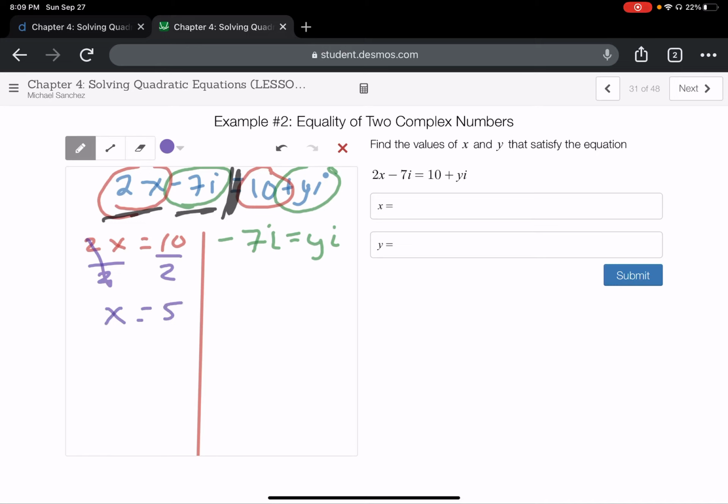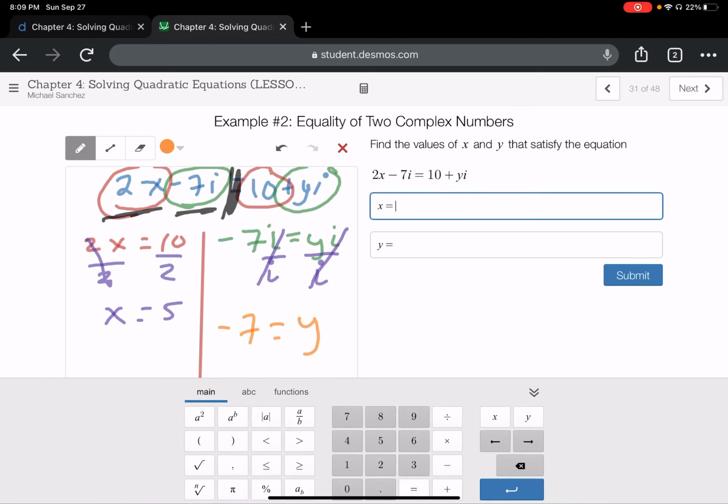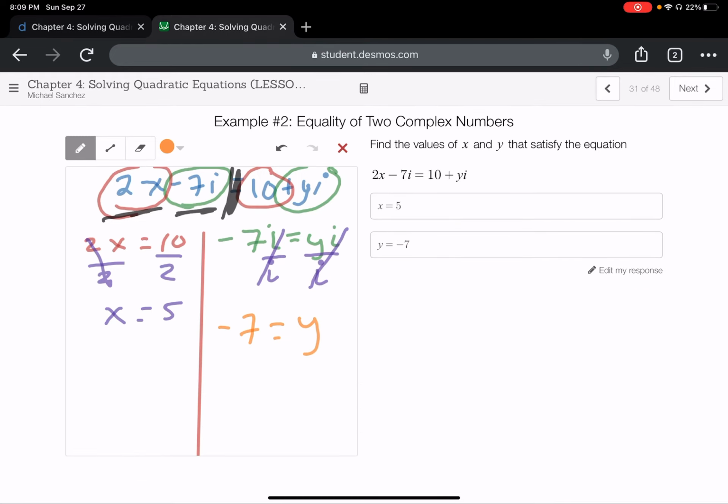And then on this side, to leave the y by itself, I would divide both sides by i, because i is an imaginary number. So divide by i, that cancels, that cancels. Then I'm going to get y is equal to negative 7. So my two answers here are x equals 5 and y equals negative 7.